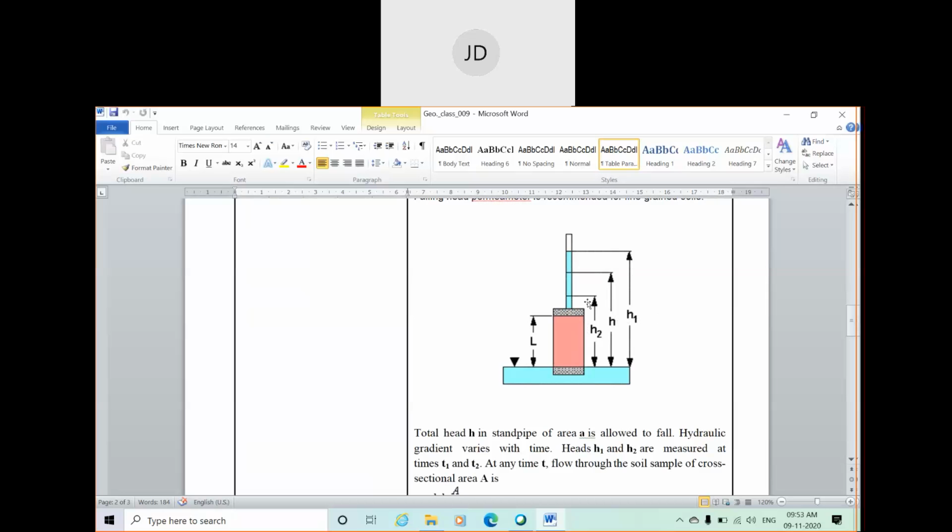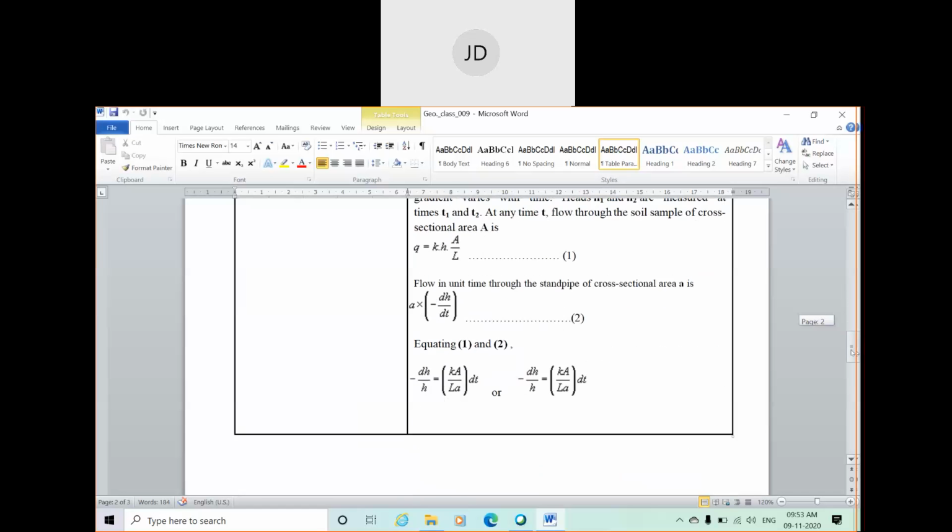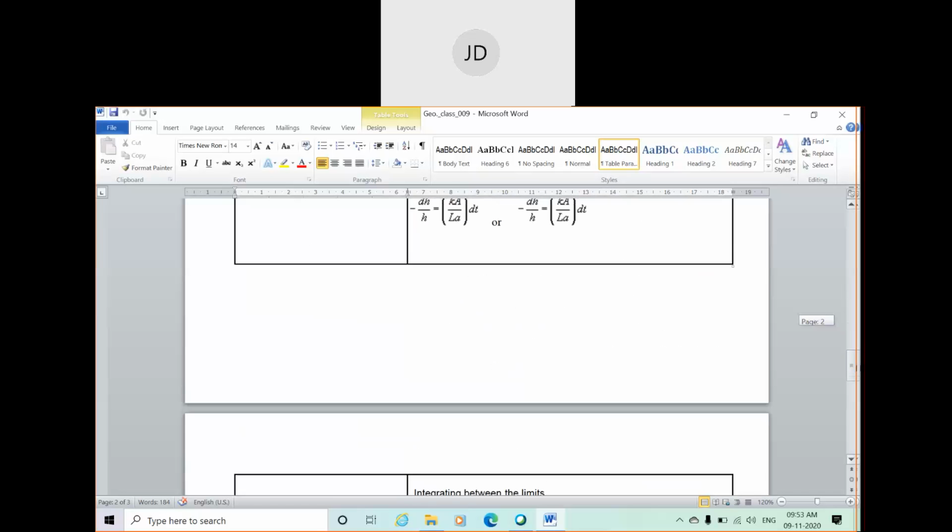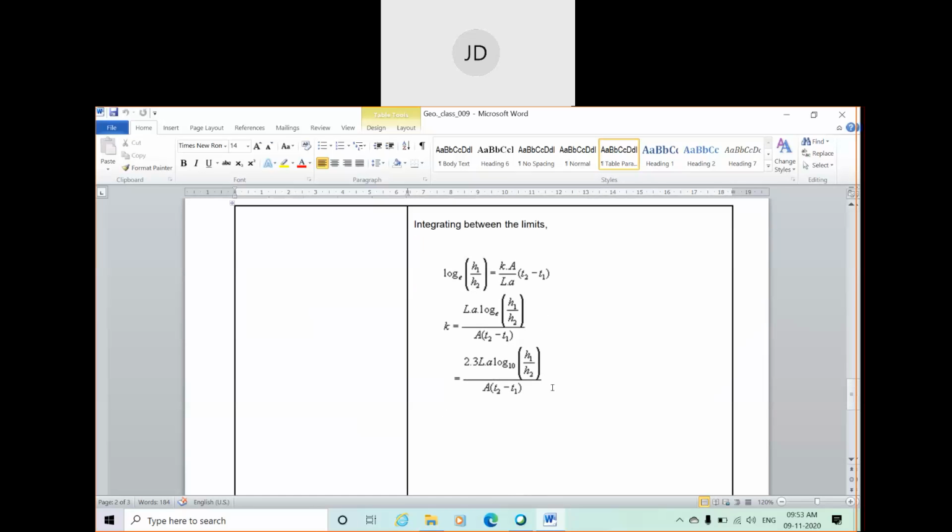After 5 minutes the head becomes h2, so h2 is the head at t equal to 5 minutes. It depends on the problem or the experiment, so the values of h1, h2, t1 and t2 will vary.